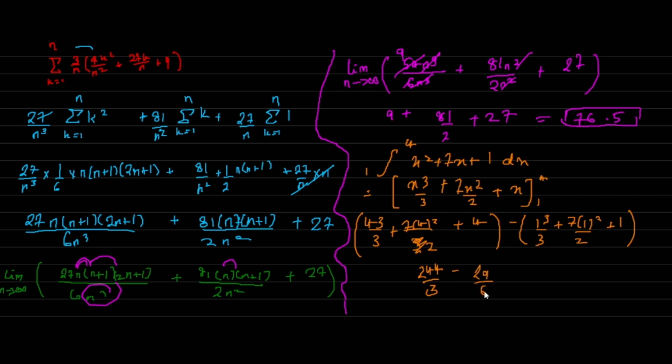So we do 244 over 3 subtracting 29 over 6, and we get 76.5. So that means we've done everything correctly, and this is basically the whole logic behind definite integration.